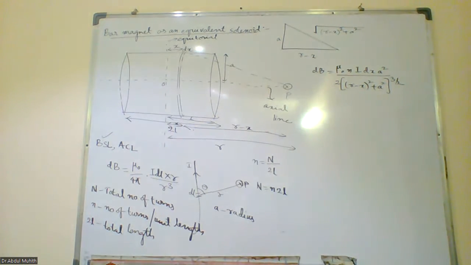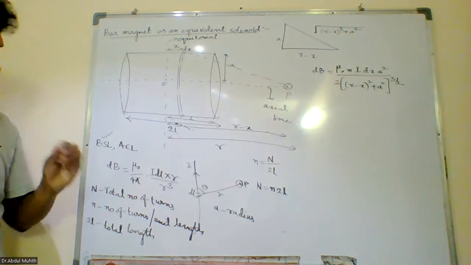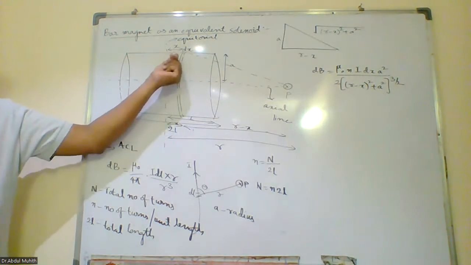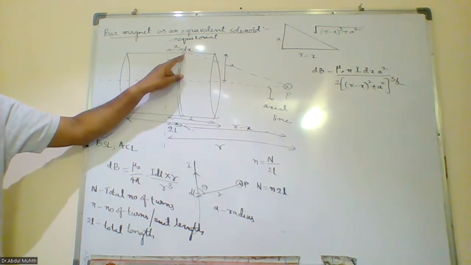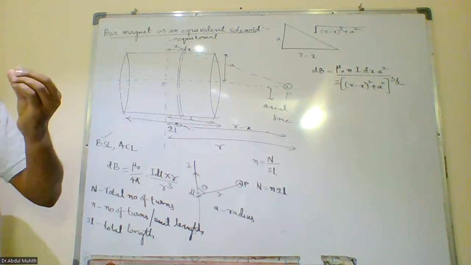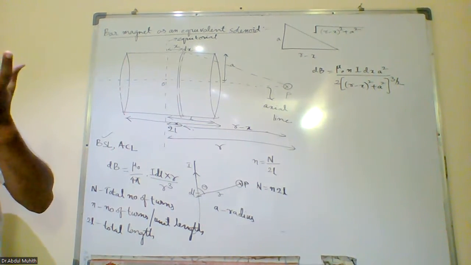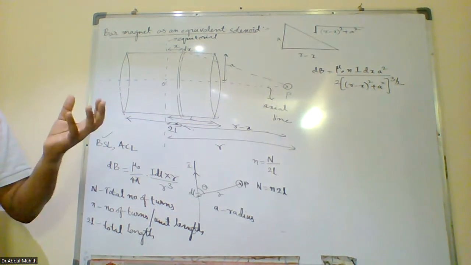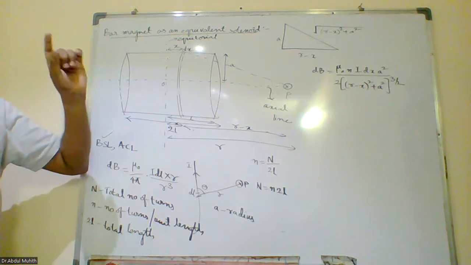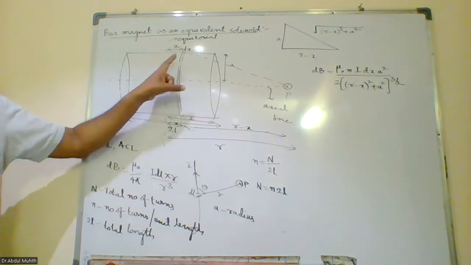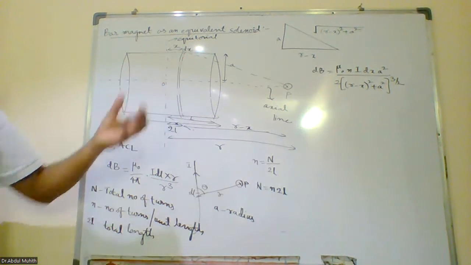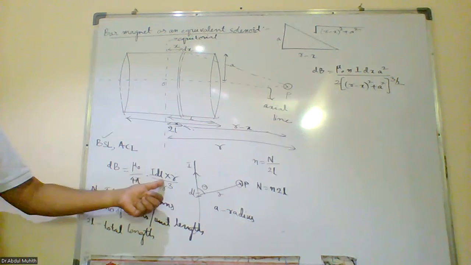One second. Now, what is n here? Small n is the number of turns per unit length. I'm not sure how many turns there are in the dx. How many turns are there in dx? I don't have any idea about that. So for that reason, I'm writing small n. The second thing: what is I dx? I dx is the current element, the same thing we wrote here as I dl.